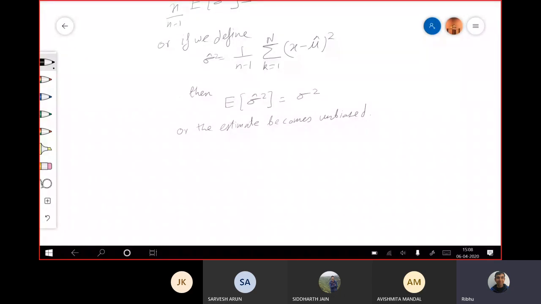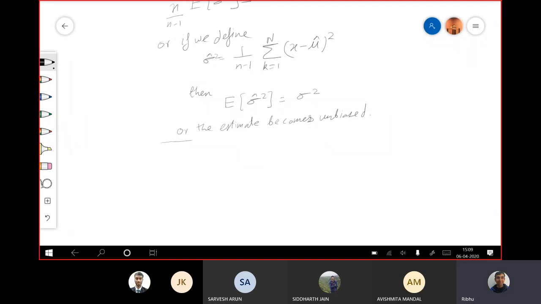So making a biased estimate unbiased is quite simple in some cases, but nonetheless we need to be careful about whether the estimate is unbiased or not. The next thing is, let's now consider another thing.